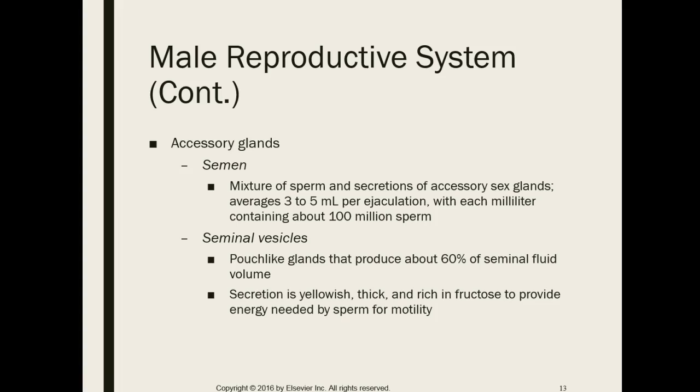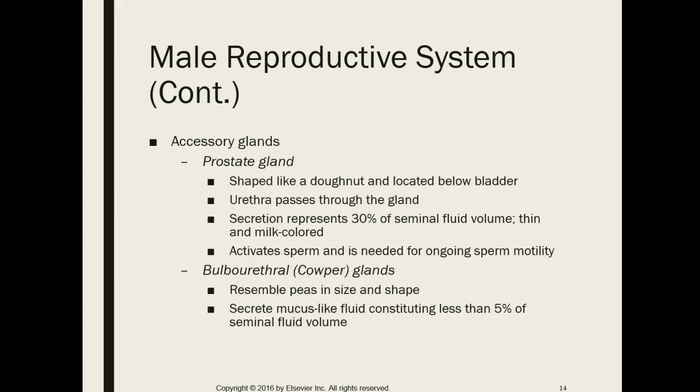Seminal vesicles are pouch-like glands that produce the seminal fluid. This secretion is yellowish and thick, and it's rich in fructose, which provides energy to the sperm for motility. Then we have the prostate gland located below the bladder.